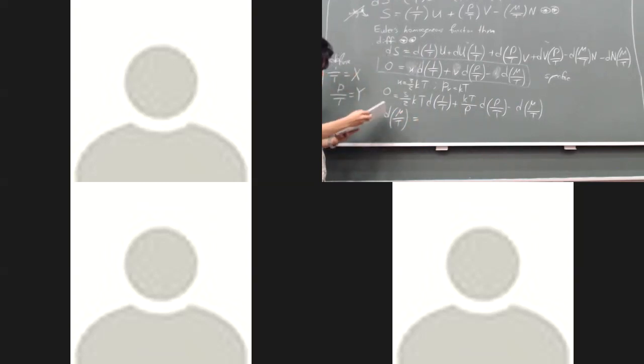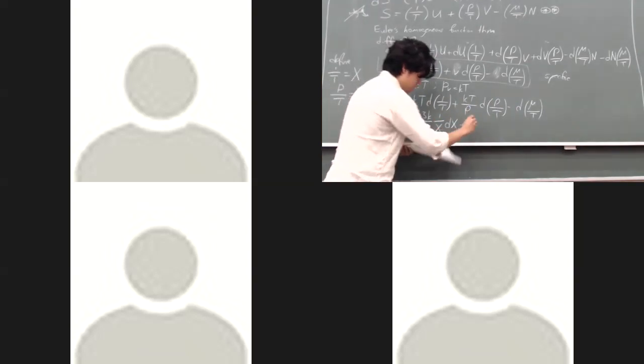Once you do that, and take the d(mu on T) to the left-hand side, you'll see that d(mu on T) is equal to 3k on 2 times 1 on X dX plus k on Y dY.